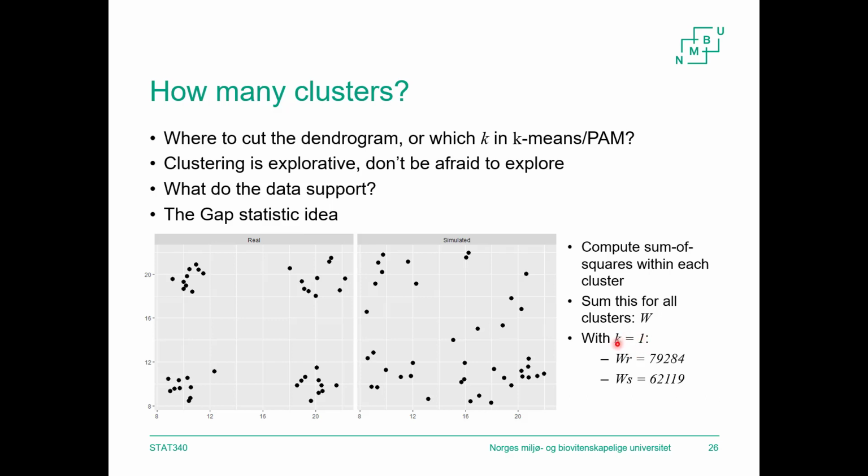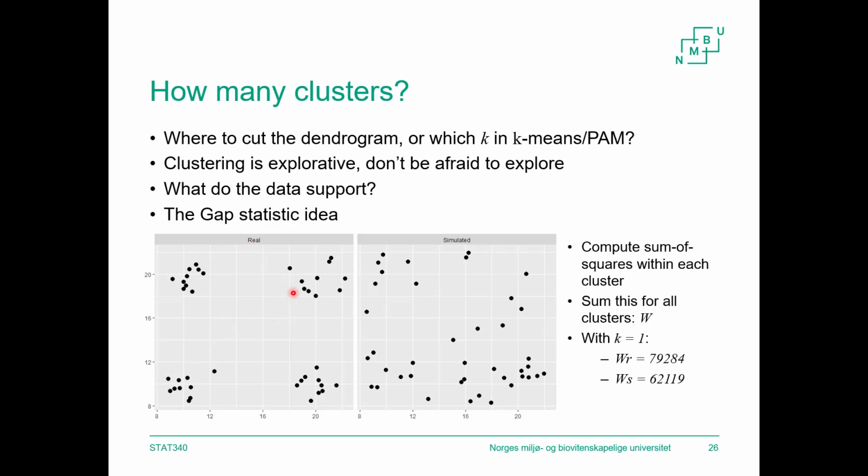Since we have only one cluster, k equals 1, we compute the sum of squares, but now we also need to compute across groups, because actually everything is one group now, both here and here. And then we get this within sum of squares for the real data to the left and for the simulated data to the right. They are more or less of the same magnitude, actually bigger here.